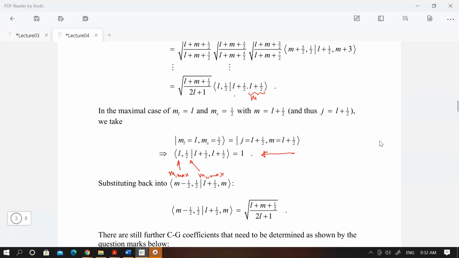Actually this is not really a normalization condition. This is just a convention. I could have actually used a different phase instead, but the idea here is to get the simplest convention and to essentially equate this.